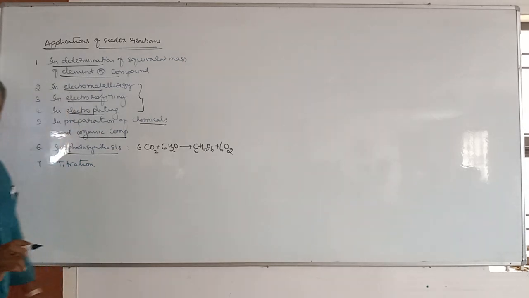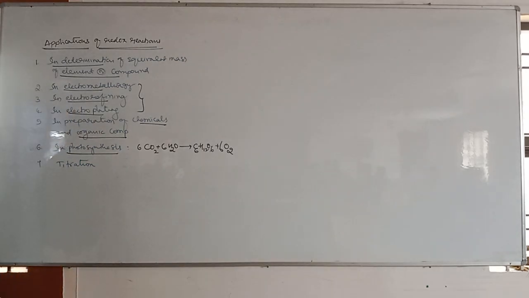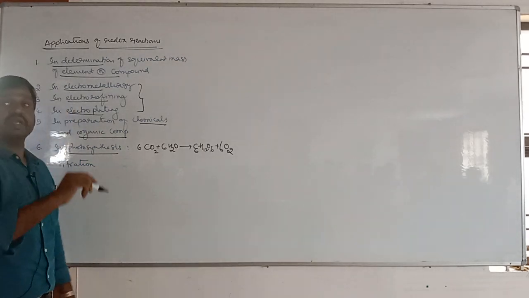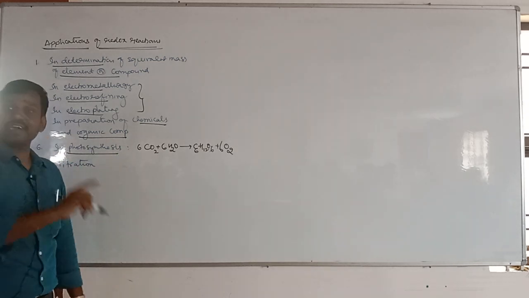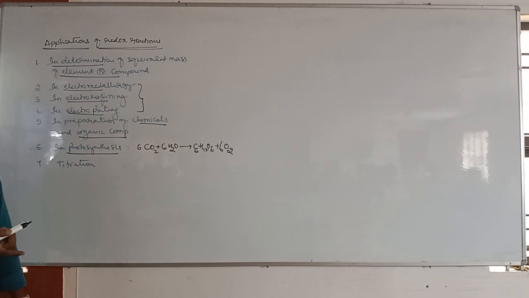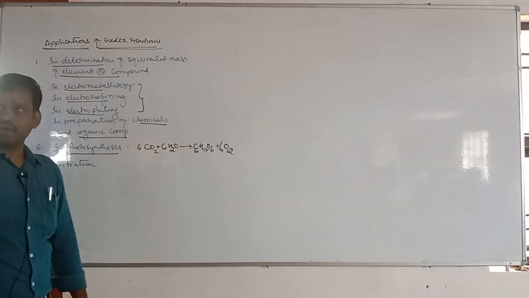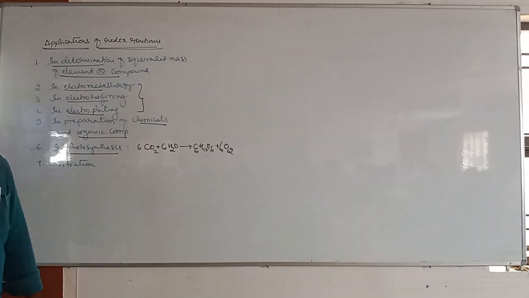Now it is also a redox reaction. It is a redox reaction but not a redox combination. We have studied that this reaction is not a redox combination, but it is a redox reaction. All redox reactions need not be redox combinations.